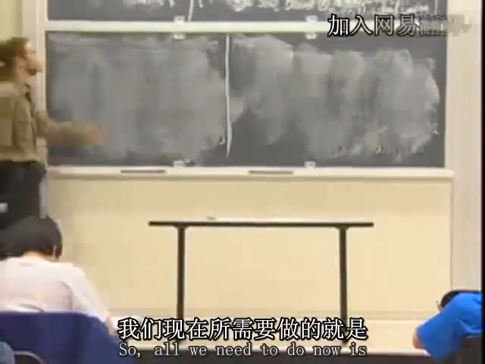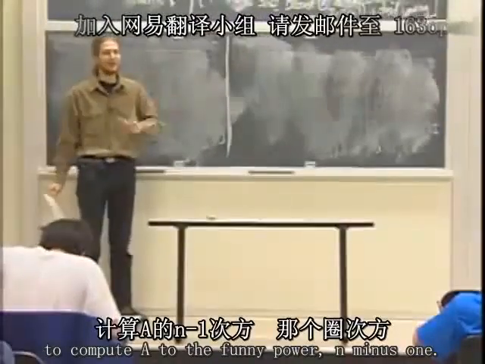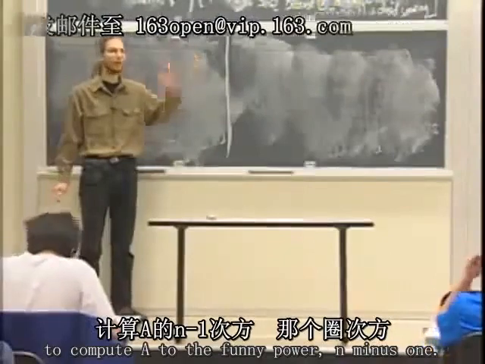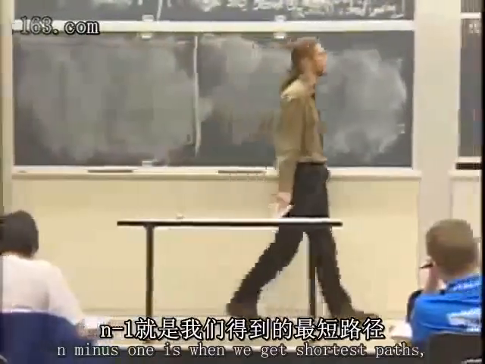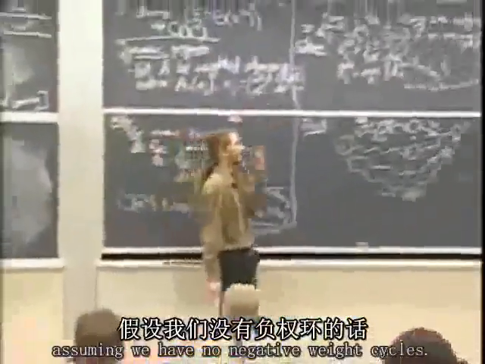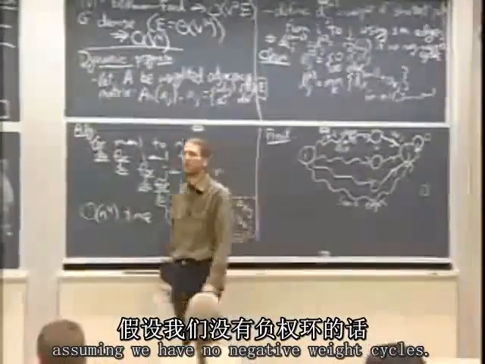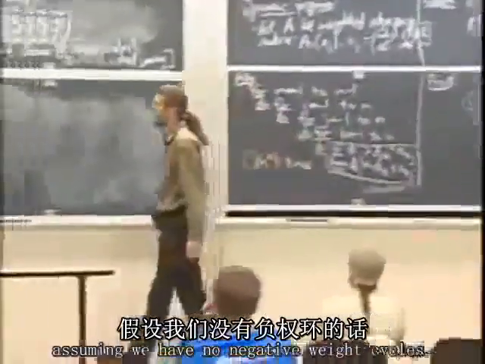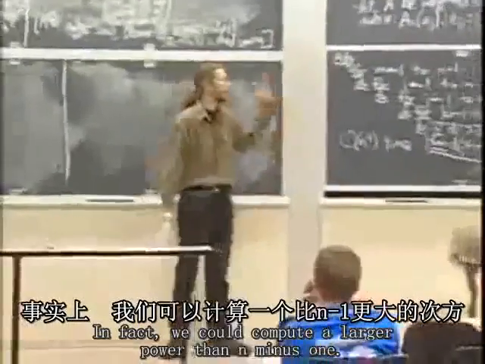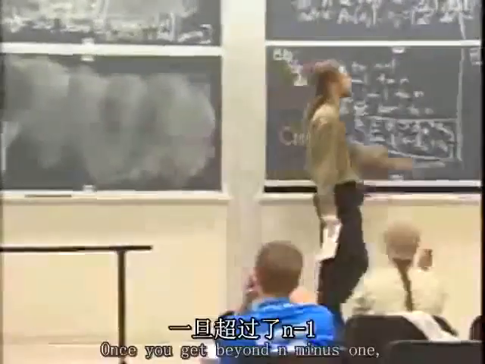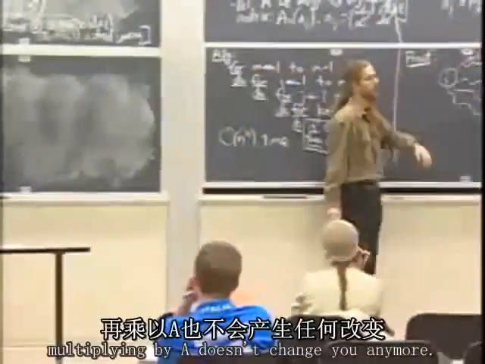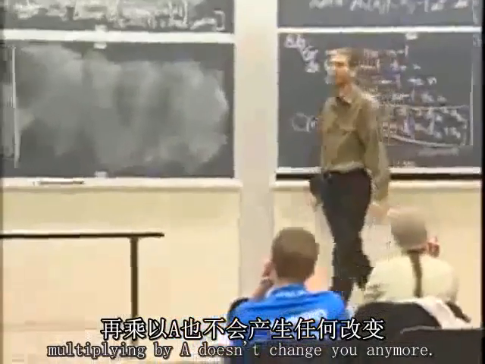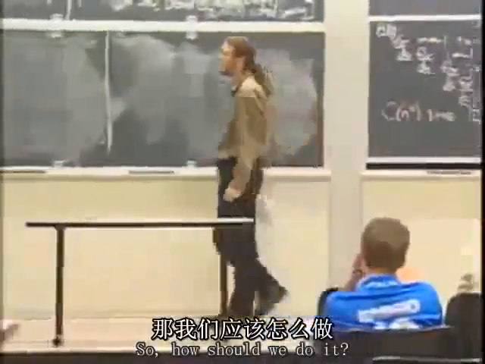All we need to do now is to compute A to the funny power n minus 1. N minus 1 is when we get shortest paths, assuming we have no negative weight cycles. In fact, we could compute a larger power than n minus 1. Once you get beyond n minus 1, multiplying by A doesn't change anything anymore. So how should we do it?